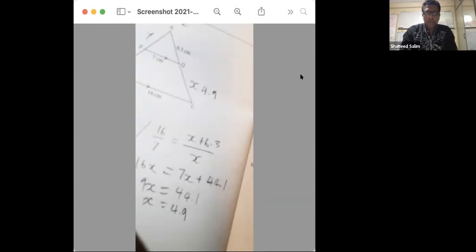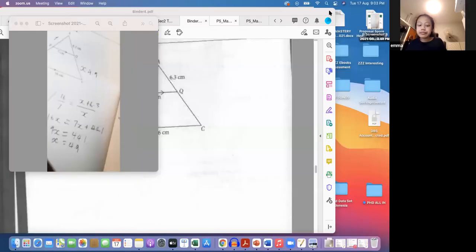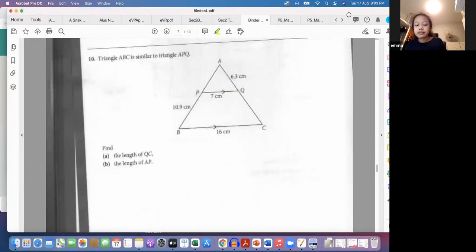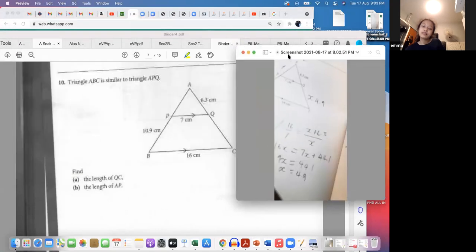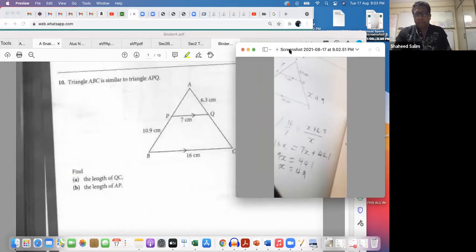Okay, maybe I'll share. Let me share screen so that you can see everything and you can see my messy. Okay. So let us see now.